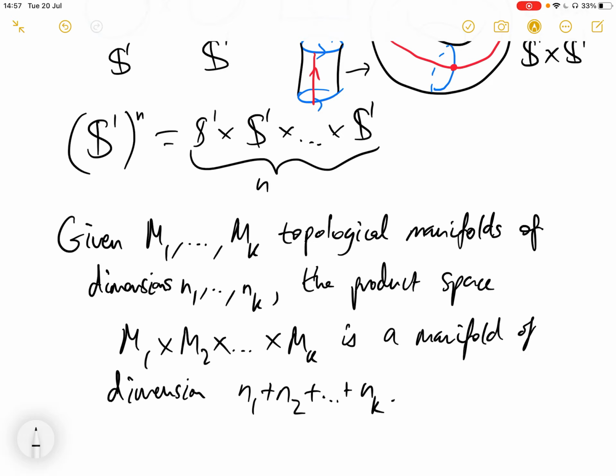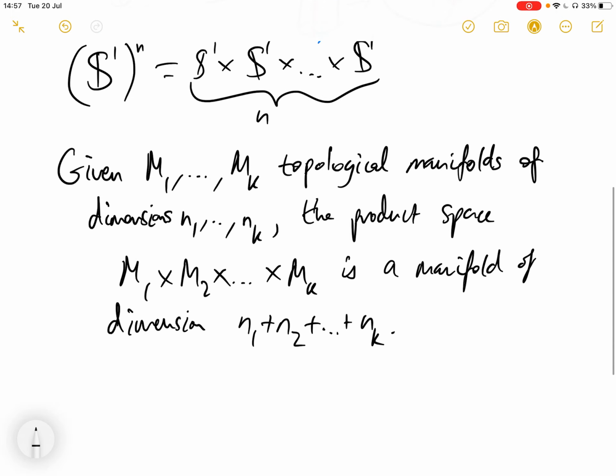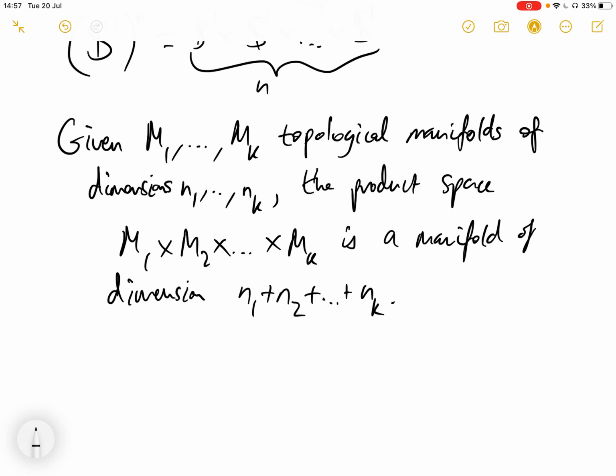And so why is it a manifold? Well, firstly, why is it Hausdorff? It's Hausdorff because the product of Hausdorff spaces is Hausdorff. It's also second countable because the product of second countable spaces is second countable. So the only thing we really need to check is whether the locally Euclidean property holds.